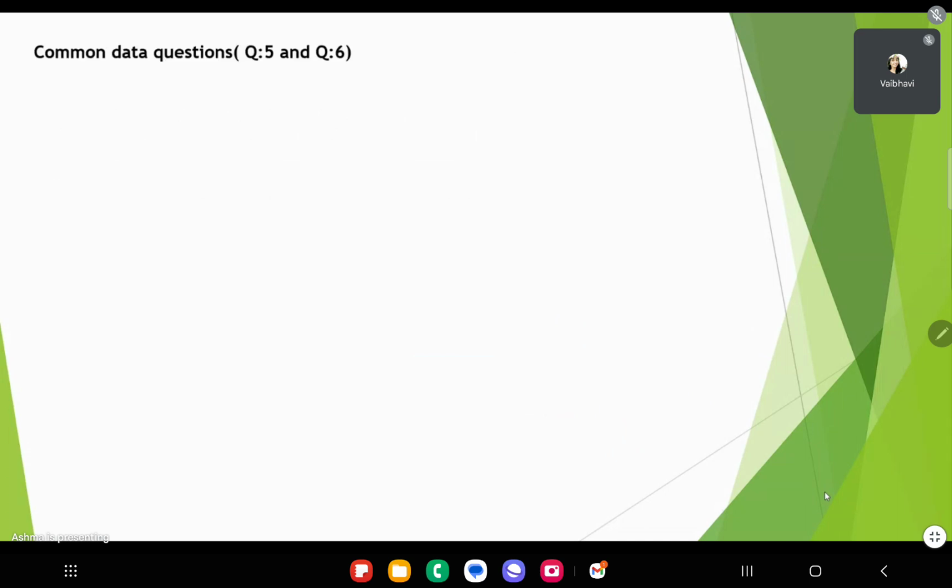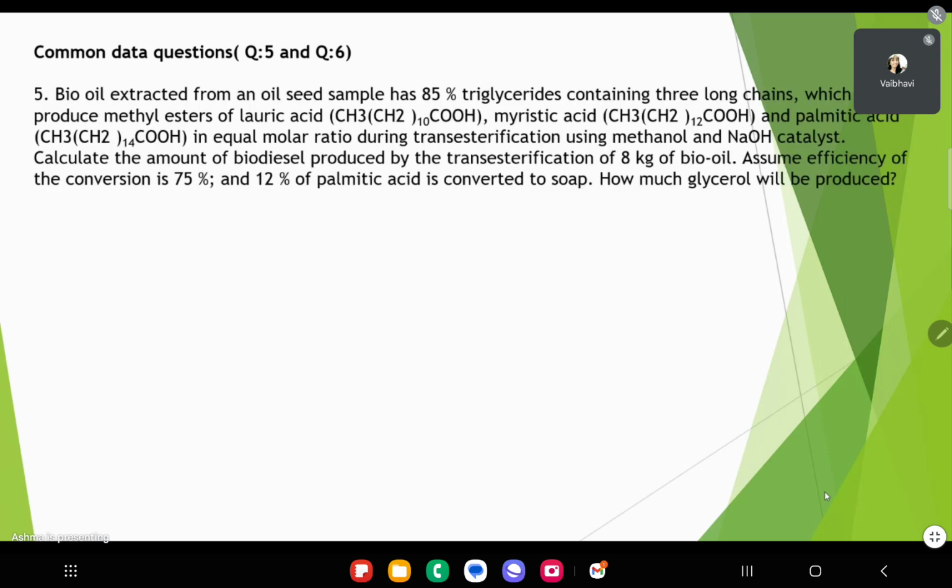Next question is, this is a numerical and this is a common data question for question 5 and 6. So the numerical is, bio-oil extracted from an oil seed sample has 85% glyceride containing 3 long chain fatty acids which can produce methyl esters of lauric acid, myristic acid and palmitic acid in equal molar ratio during transesterification using methanol and NaOH catalyst.